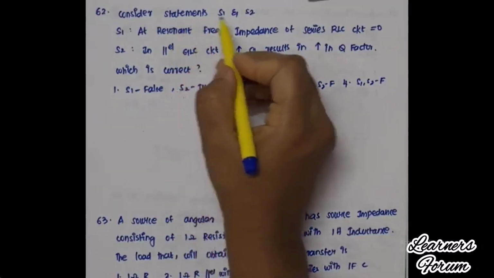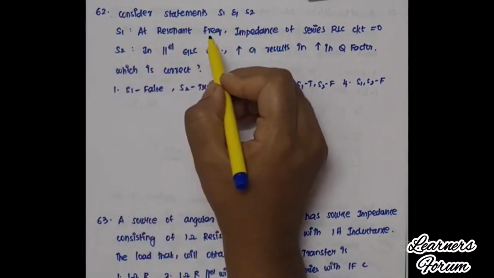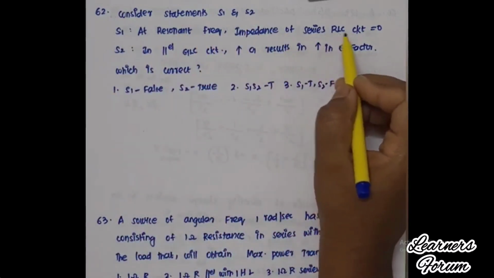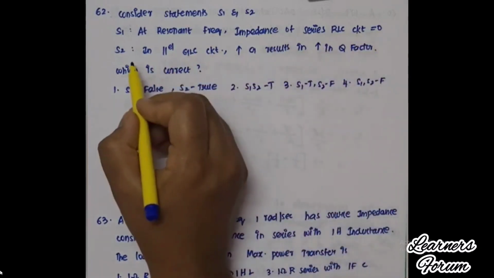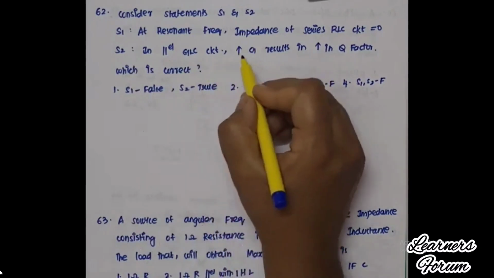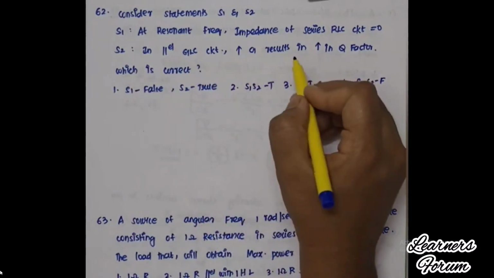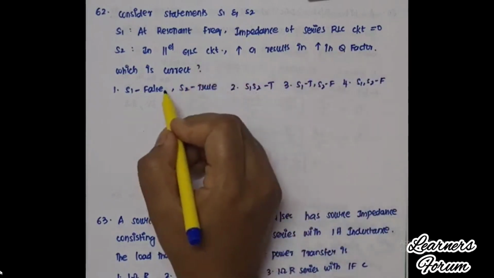Next question. Consider statements S1 and S2. S1: at resonant frequency, the impedance of a series RLC circuit is equal to 0. The second statement: in a parallel GLC circuit, increasing the value of G results in increasing the Q factor. Which is correct? The options are provided here.